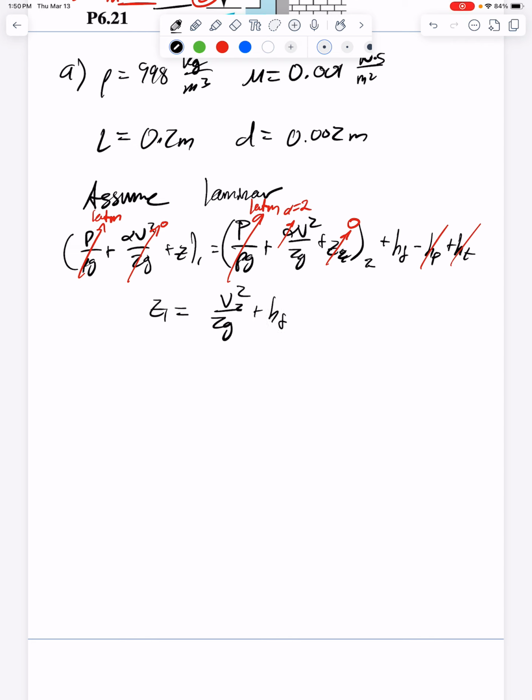So we don't know V, we don't know head loss, but assuming laminar, we get an expression for head loss. Head loss is going to be 32 mu L V over rho G D squared.